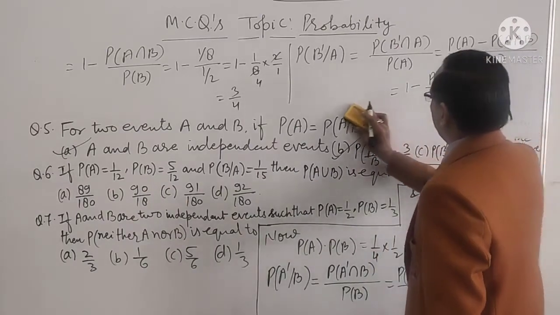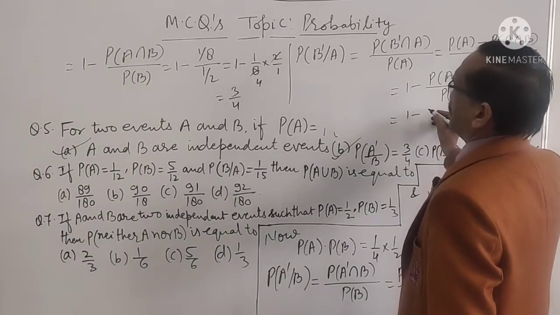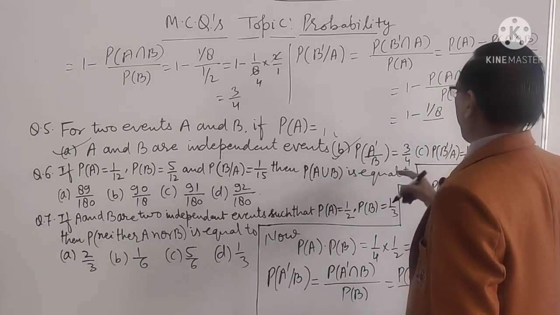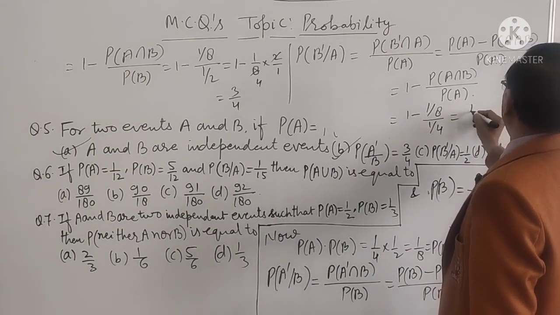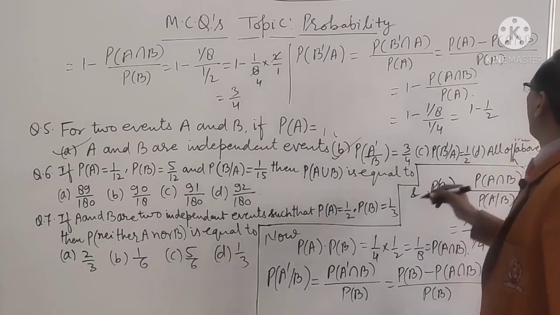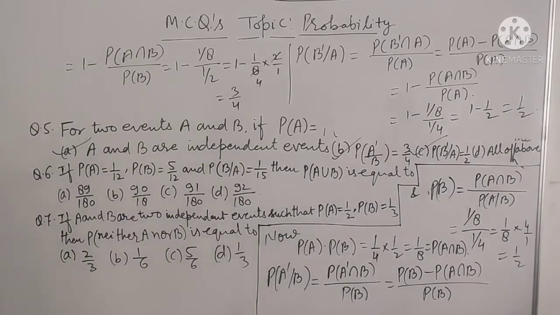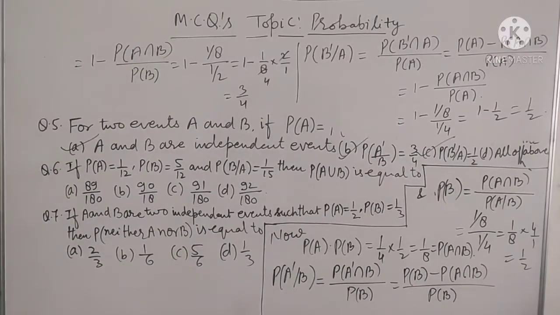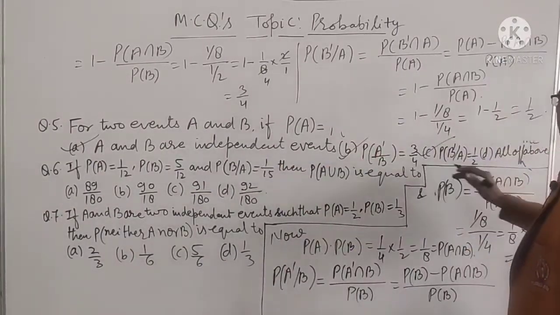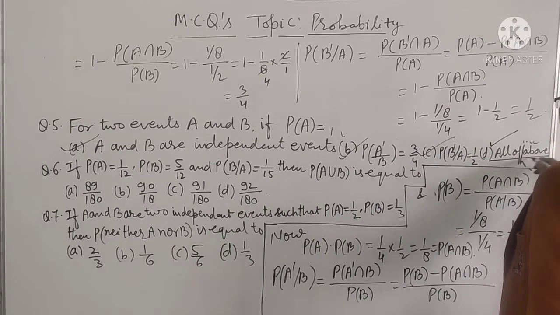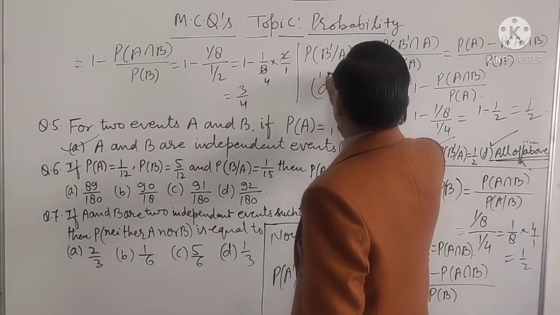That is 1 minus 1 by 8 upon 1 by 4. So it is 1 minus 1 by 2 or it is 1 by 2. So C option is also correct here. Since A, B, C, all options are correct, therefore we can say all of the above are correct and D option is correct here. Correct option is D.